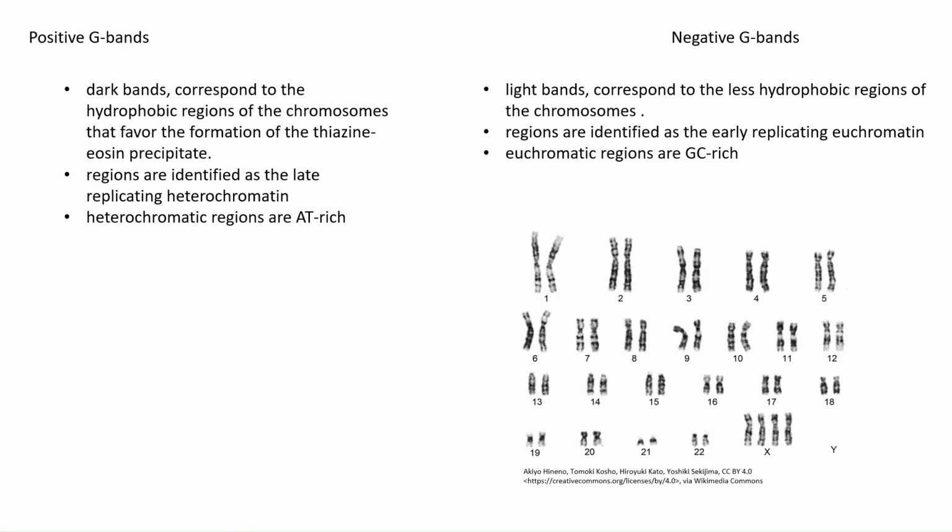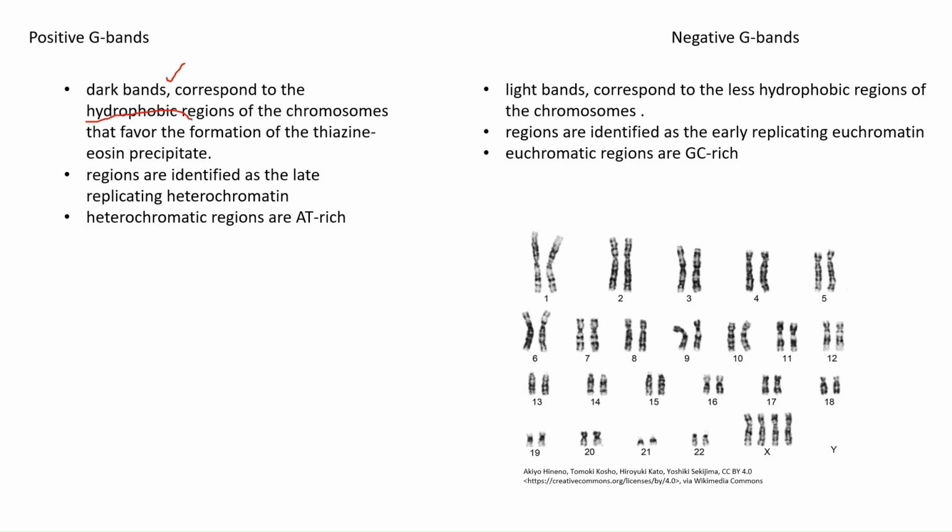Now in G banding, we have something called positive G bands and negative G bands. The positive G bands are the darkly stained regions of the chromosome. Now when we say it is darkly stained, that means somehow it is favoring the precipitation of the Giemsa stain more. When it is favoring more precipitation of the Giemsa stain on its surface, that means the region is hydrophobic, because in the last slide we learned that the dye needs a hydrophobic environment to intercalate with the DNA.